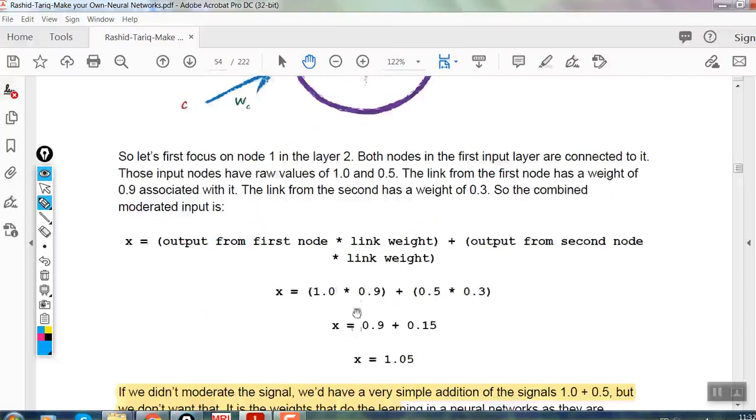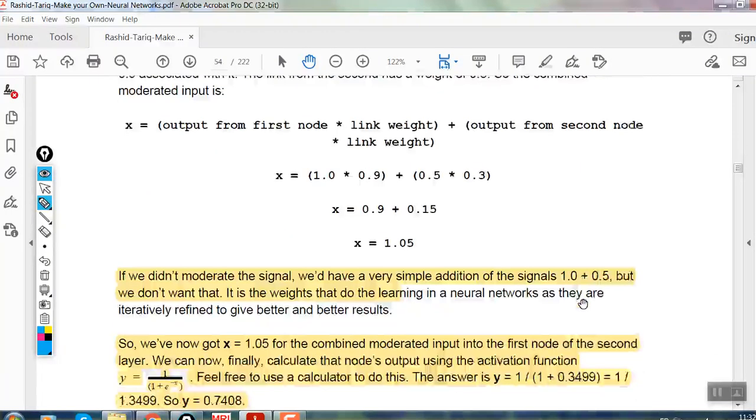Here also you can see how we can calculate the output from the inputs and the weights.